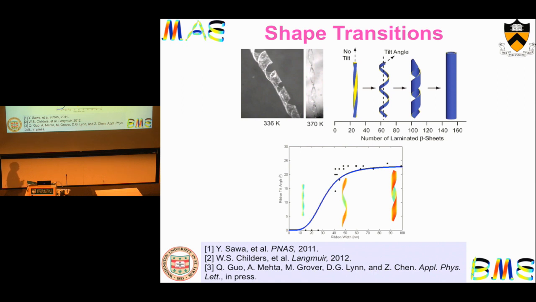So we studied the transition from a purely twisted shape to nearly cylindrical helical ribbon and to closed tubular shapes in peptides. And we found that just by changing the width, such shape transition can occur, and the theoretical prediction agrees reasonably well with the experimental data.